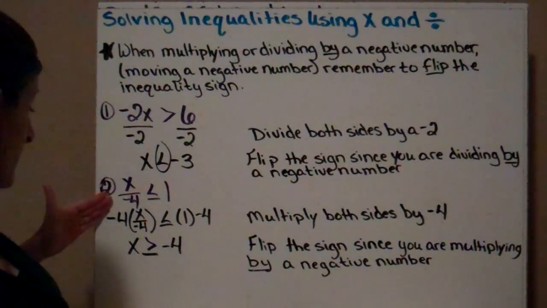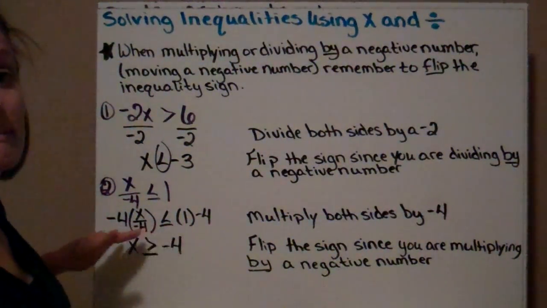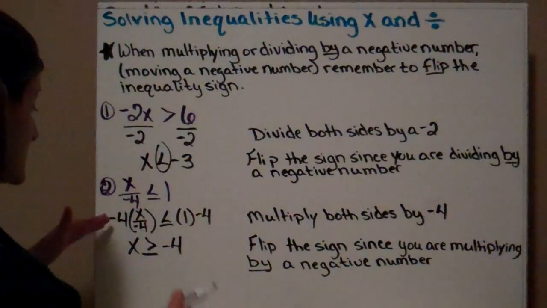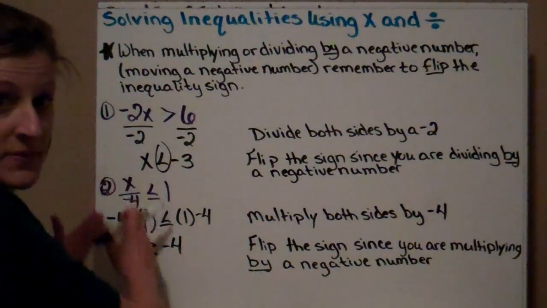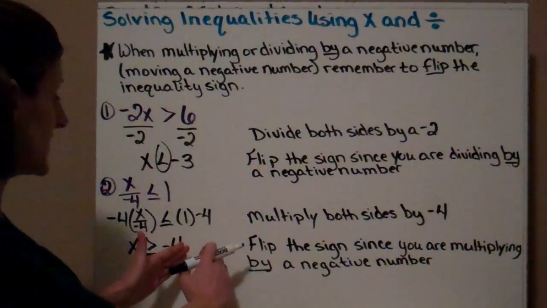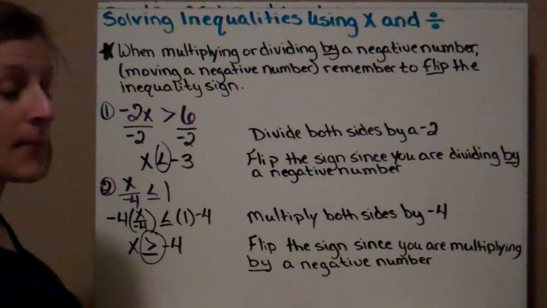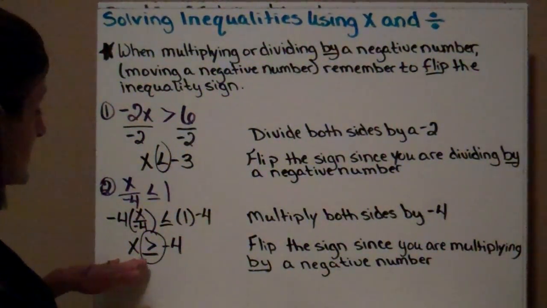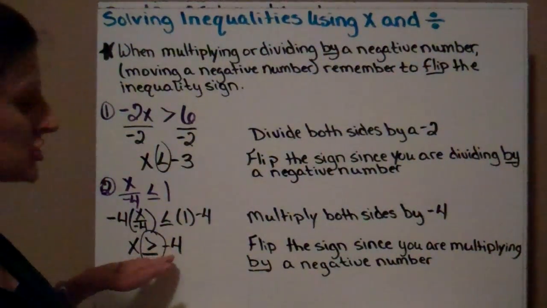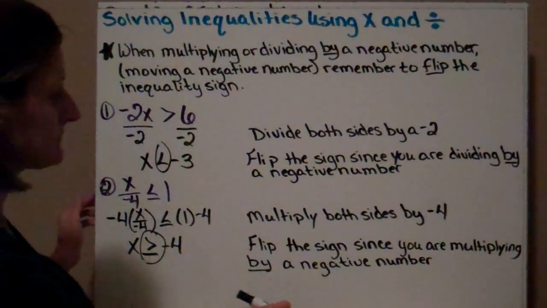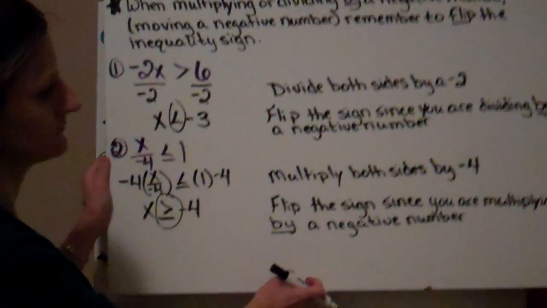Now, to solve this, I'm going to multiply each side by negative 4. Since I am moving this negative 4 from this side of the equation to this side by multiplying, I also flip my sign. So my answer is x is greater than or equal to negative 4.